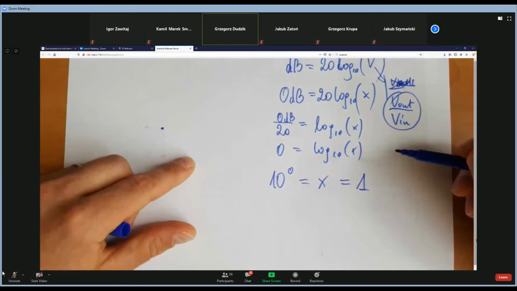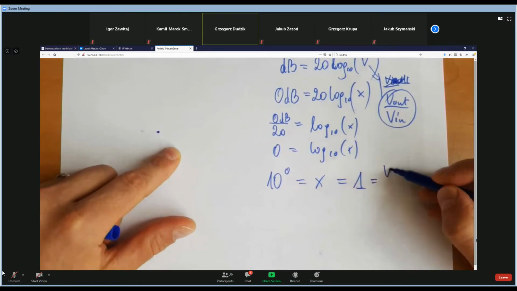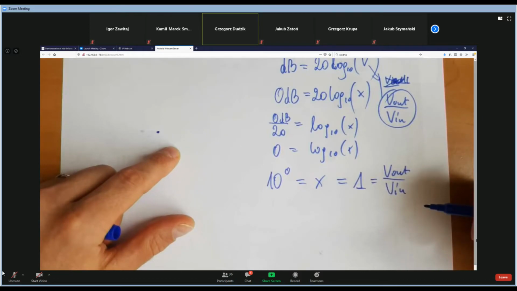So look, the 1 means this is V out over V in. What does it mean? V out is the same as V in.